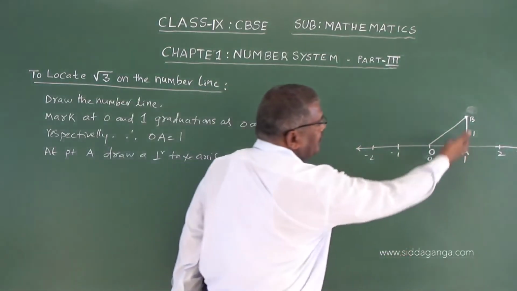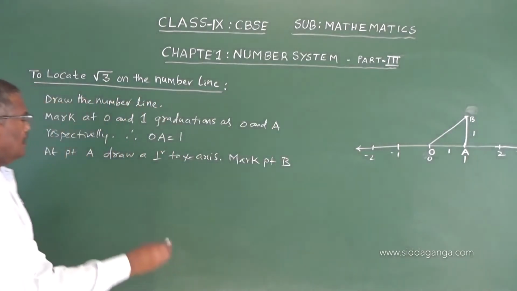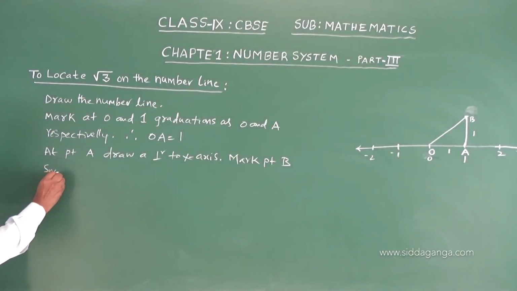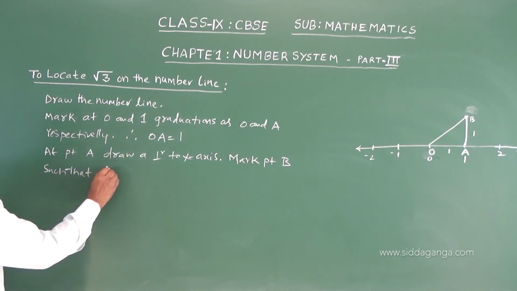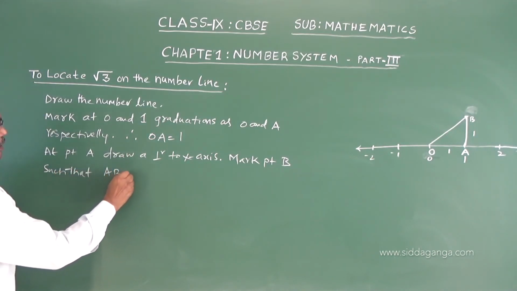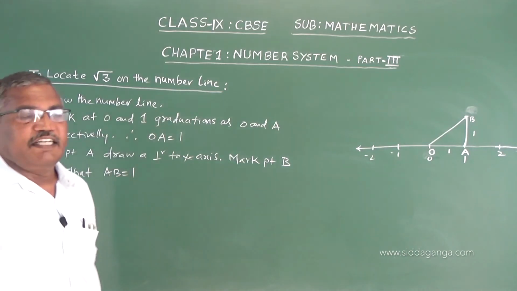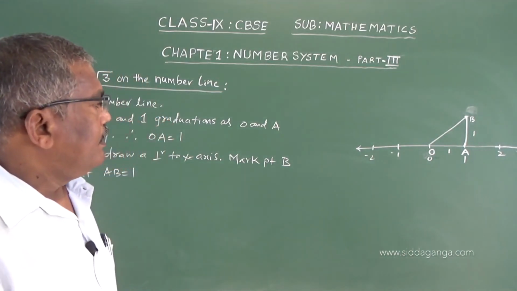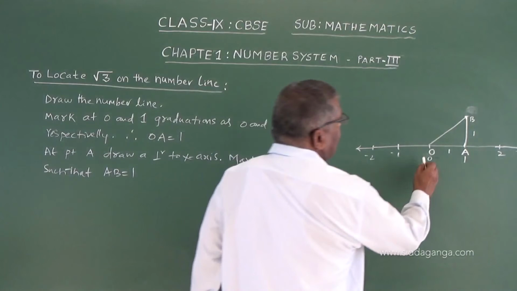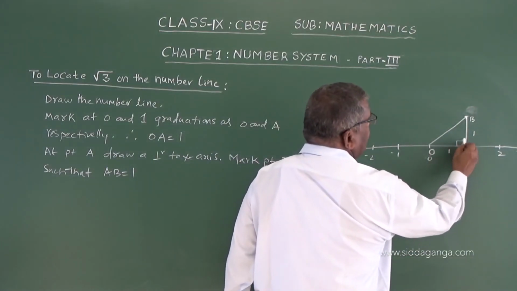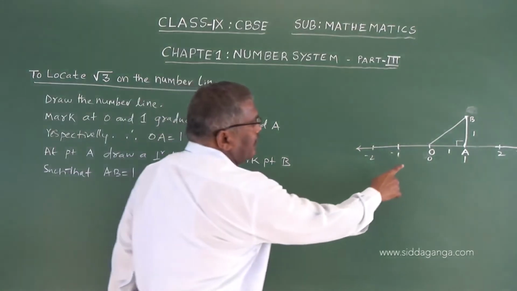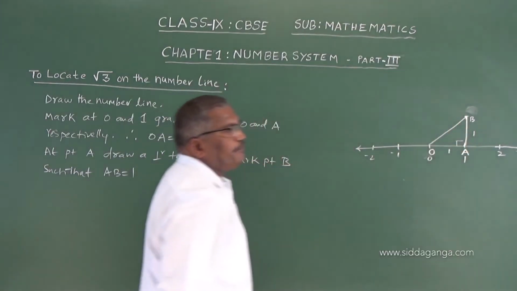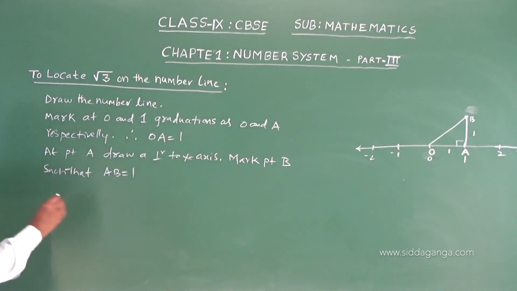The length should be equal to 1 again, such that AB equals 1. Now we know that this is a perpendicular, therefore this is 90 degree. So now we have a triangle OAB. It is a right angle triangle.